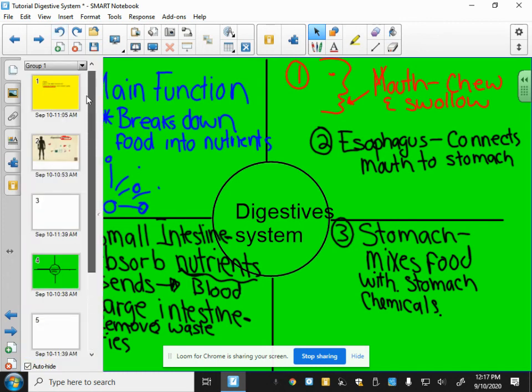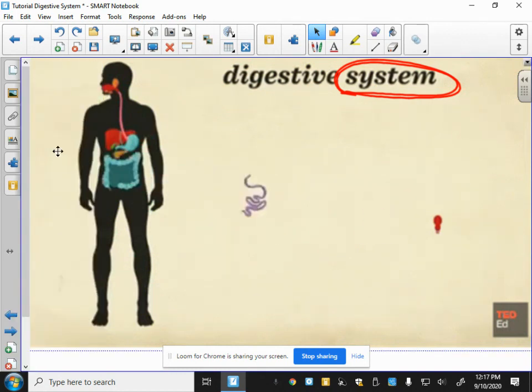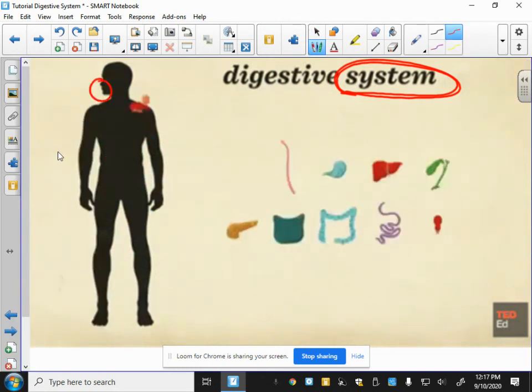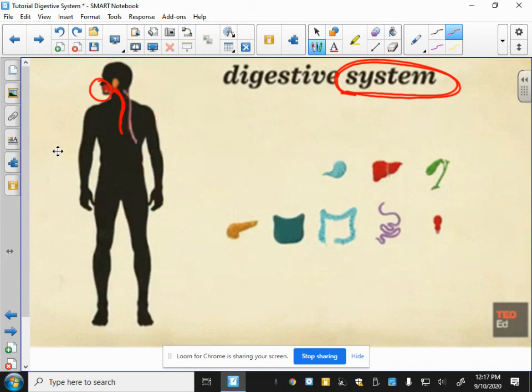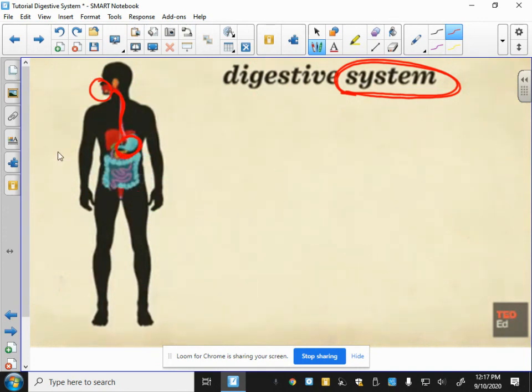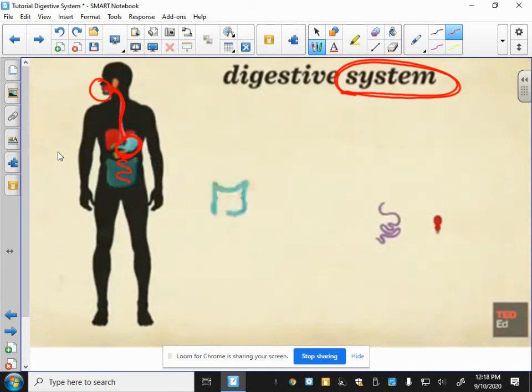We will summarize quickly. So in this animation, you would see the mouth. The mouth then is followed by the esophagus. Connects the mouth. The esophagus, you go to the stomach. From the stomach, you go to the small intestine.